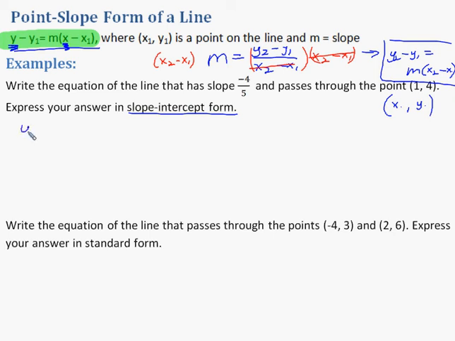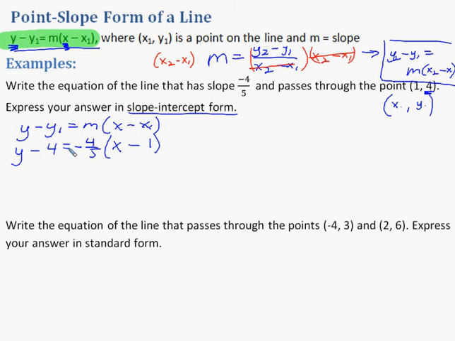And so we have our point-slope form, and we'll plug in what we know. Well, we know the slope is -4/5, and we know y sub 1 is 4, so y minus 4, and x minus our x value, which is 1. So there's an equation of the line, but we want to change that into slope-intercept form.